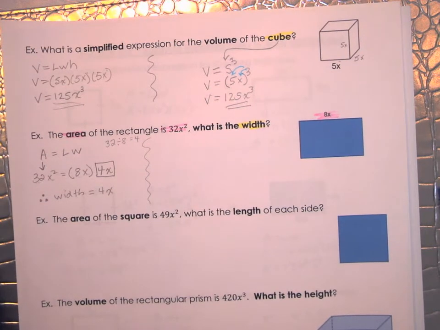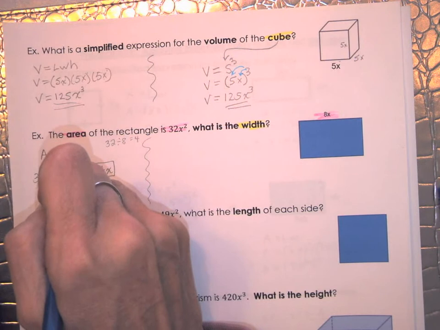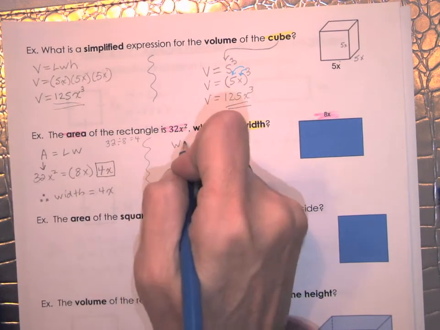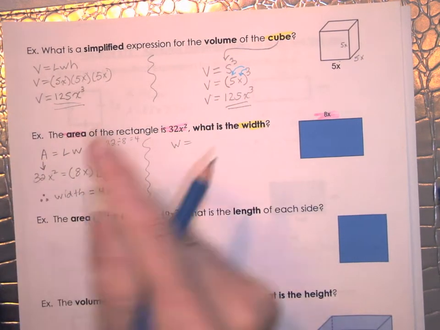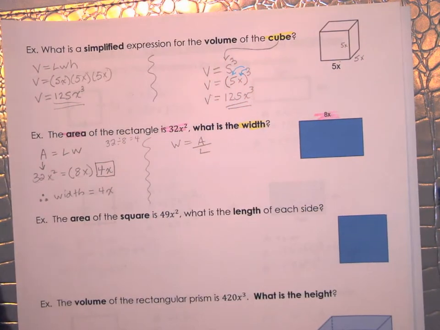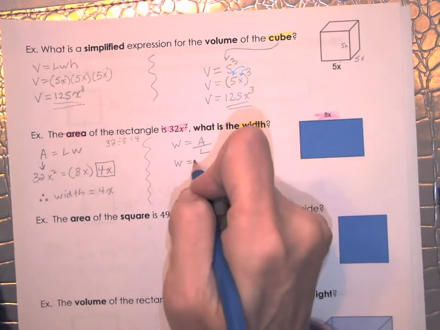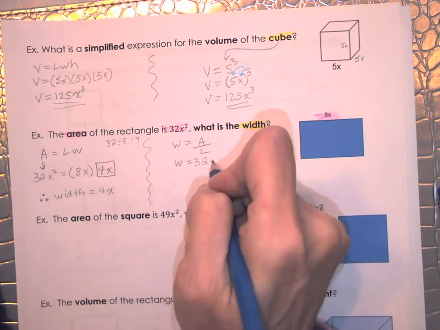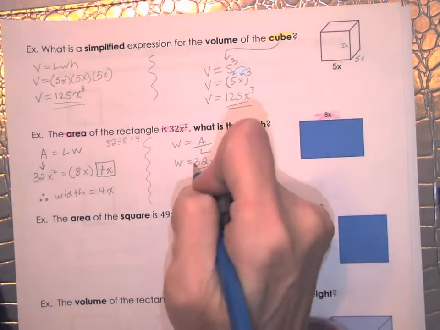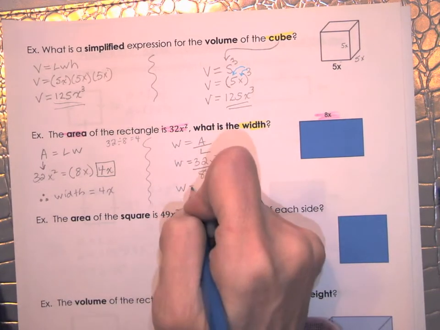And then also, if we know area is length times width, then we know that we could make the formula: width is going to be the area divided by the length. So we can fill in the area, which is 32x squared, fill in the length, which is 8x, and then use our rule for dividing.